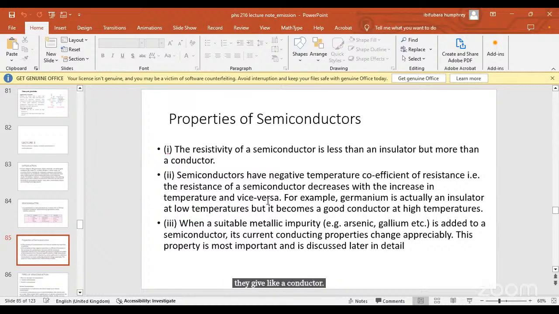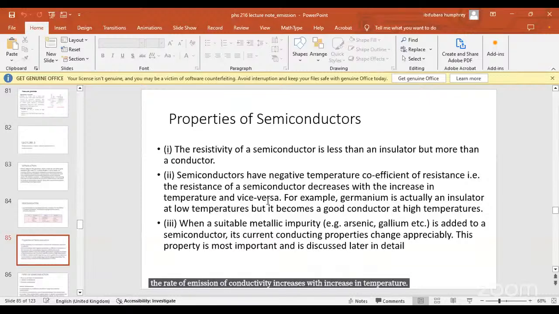So if you are tempted to raise the temperature of the semiconductor further, hoping that the more you increase the temperature, like a conducting material, the conductivity increases with increase in temperature.